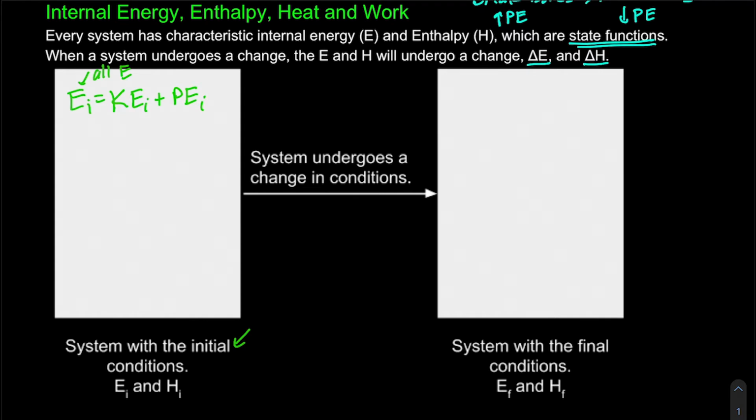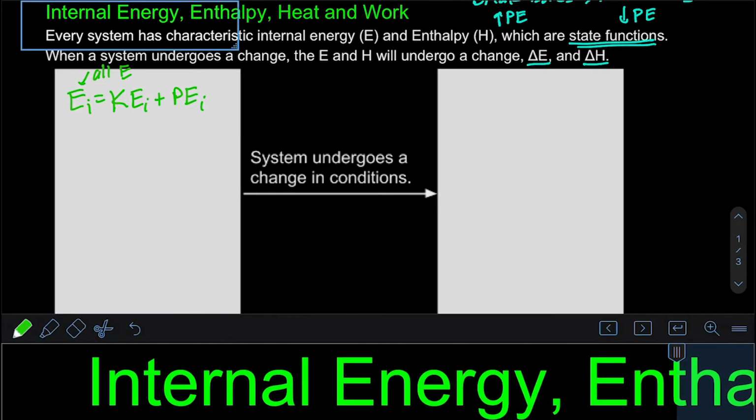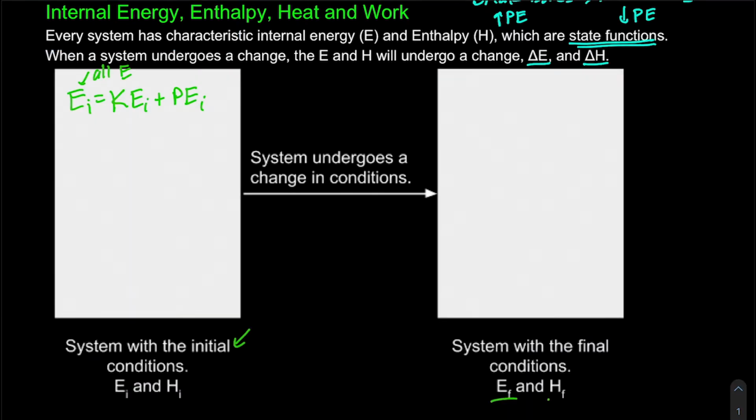Well, then we also have some system at a final internal energy and final enthalpy. So we could say there is some final, as we undergo some kind of change where we've changed possibly our kinetic energy and we've changed possibly our potential energy. So we undergo this change between our initial and our final.